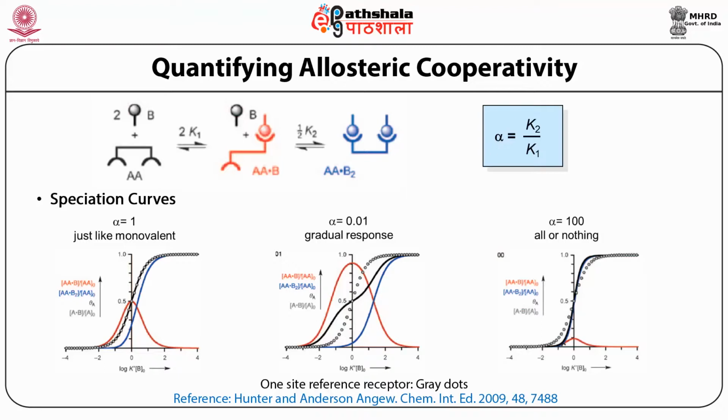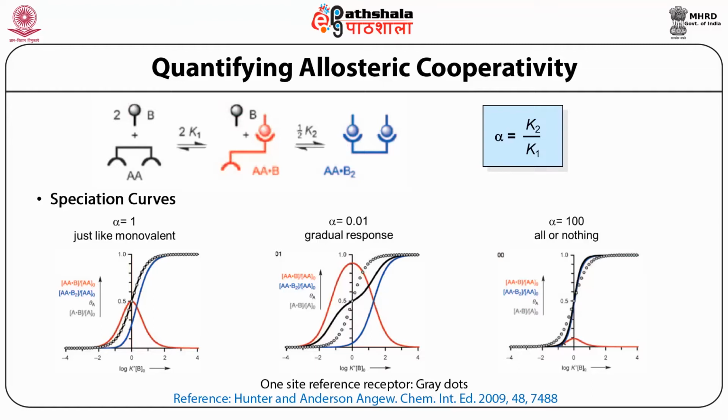Initially your binding site gets occupied faster than the reference system, the gray dots, but eventually that complex is quite stable, and after that the binding site occupancy changes gradually with the ligand concentration, and we see a significant population of the intermediate state.